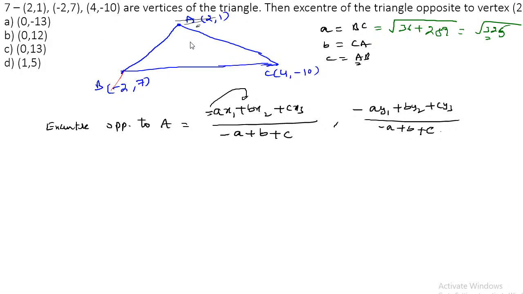Minus 2 minus 4 is 6 whole square, 36, and 7 minus of minus 10, 17. So root 325 is approximately 18.